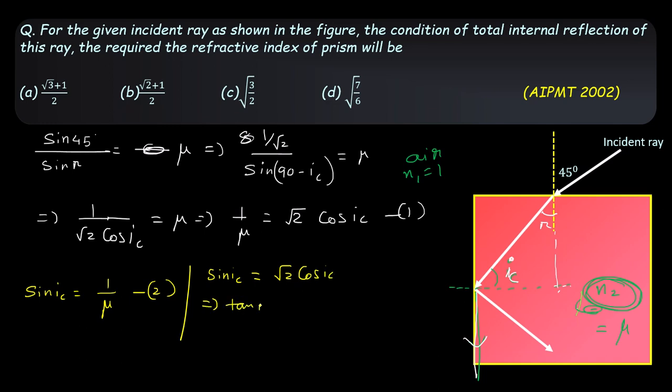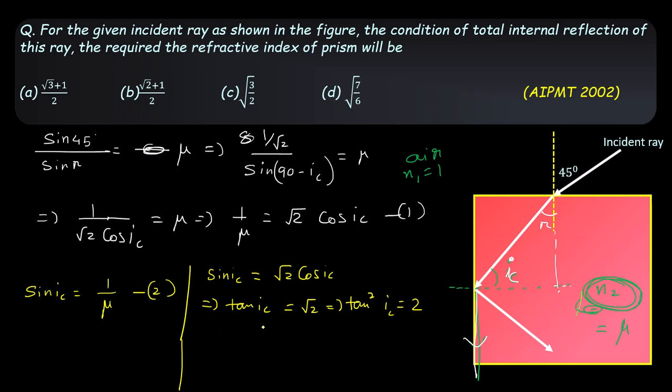Therefore tan of IC would be equal to square root of 2, or simply tan square of IC equal to 2. Now I have to find the value of mu, right? To find mu, I need the value of sine of IC or cos of IC, but I have only tan IC's value, right? So I have to just convert it into sine IC or cos IC.